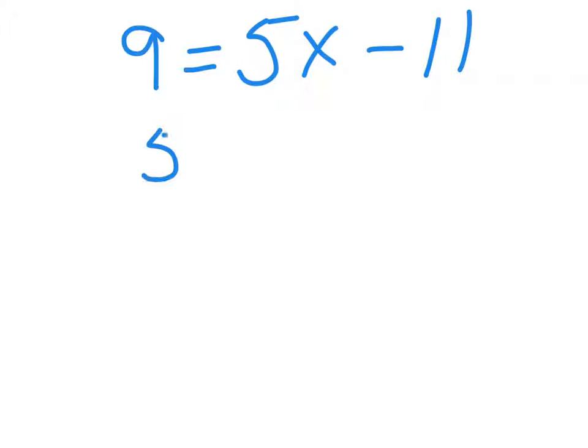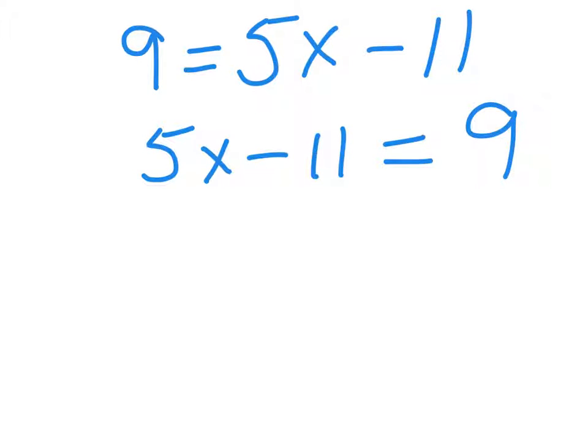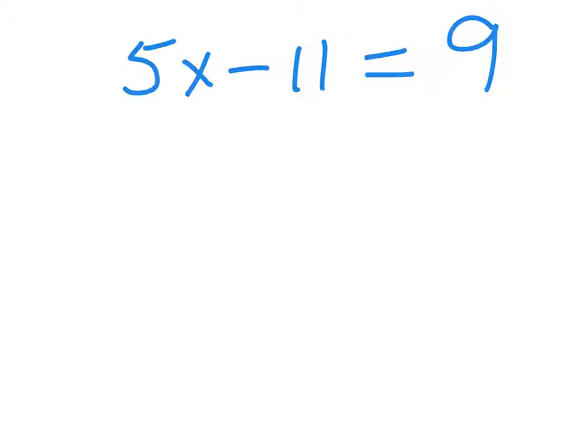You could write it like this and then solve it if you just like having the busy stuff on the left and just the plain old number sitting over there on the right. It doesn't really matter. But since I got to pick one way, I'll go ahead and go with this. And now we're just back to doing the exact same steps we did before.